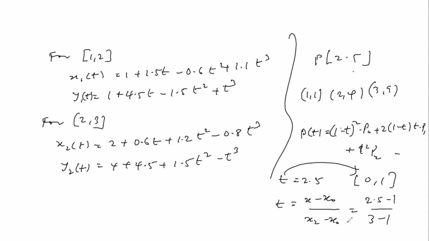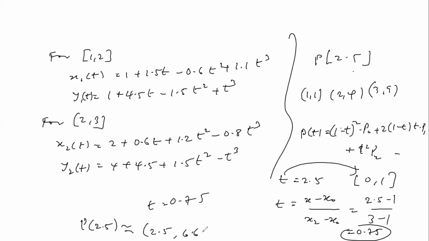And once we do this, we see that this is 0.75. So we're going to evaluate this at t equal to 0.75. And once we do that, we are going to get the value, okay? And there, when you do that, you see that P at 2.5 is approximately the same as 2.5 and 6.625, okay?